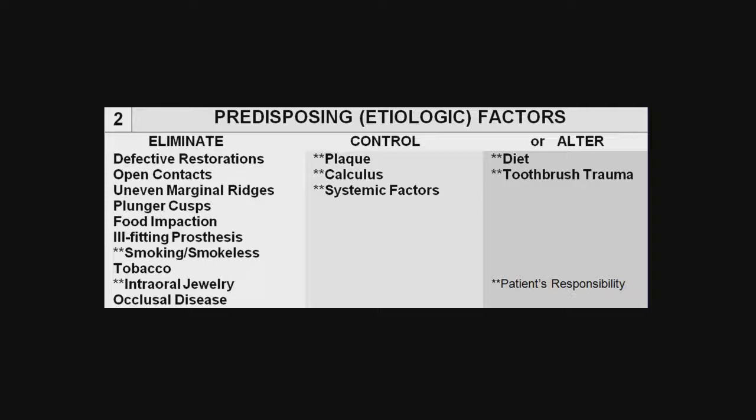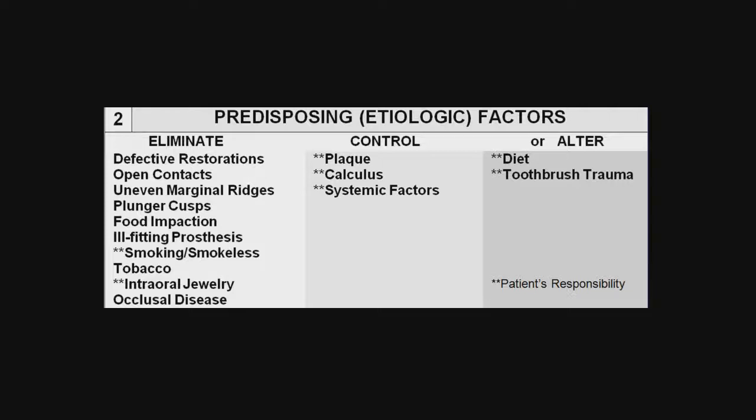And another thing that we're beginning to see in the last few years is the damage done by intraoral jewelry. And certainly there are various aspects of occlusal disease which will be addressed in another video in this series.